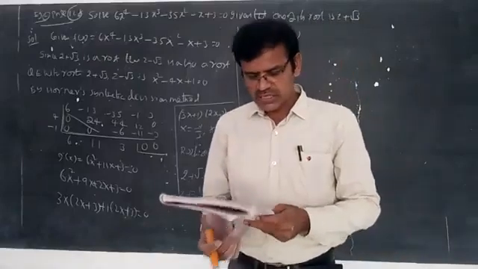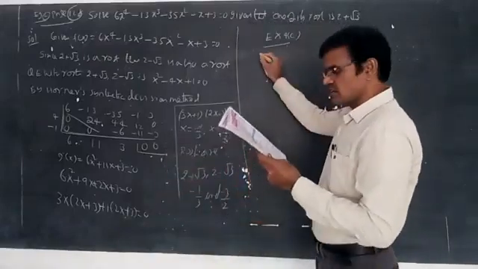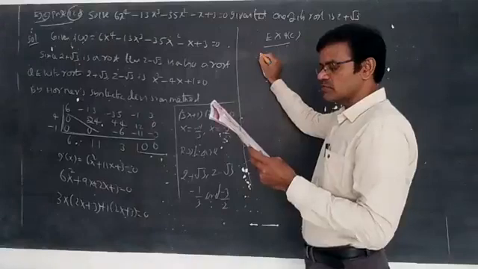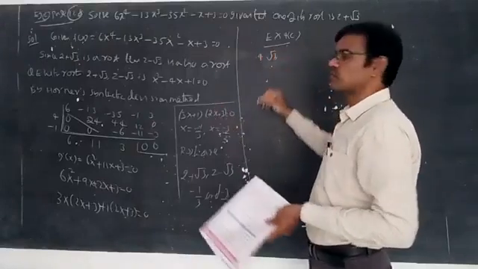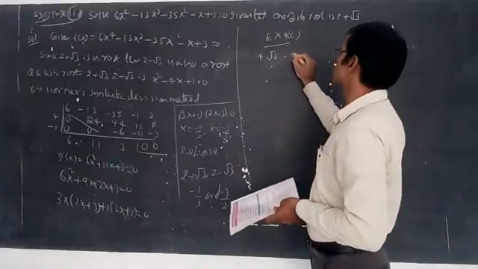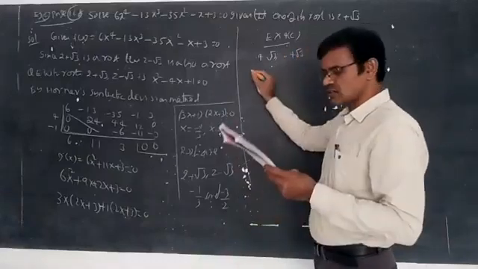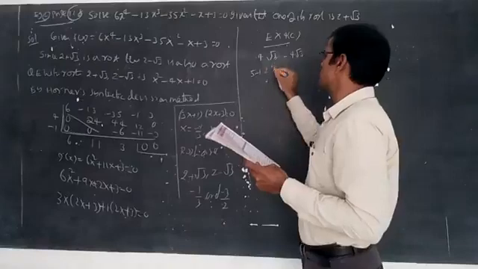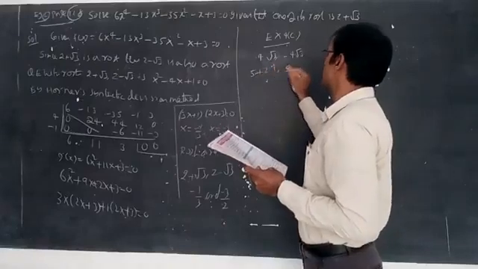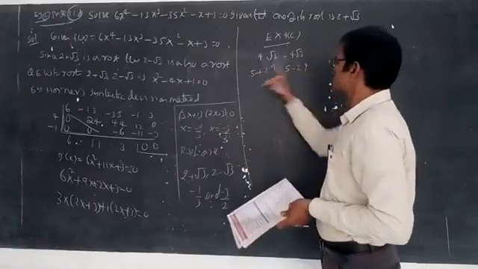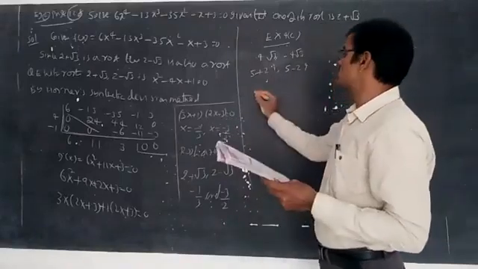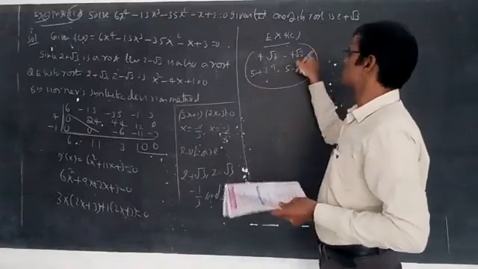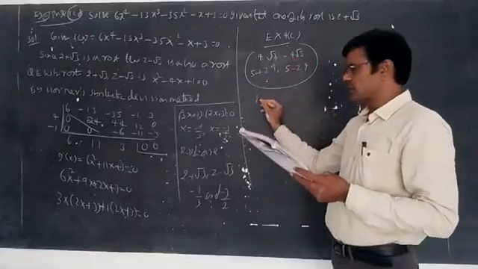In the first Roman numeral, the second one, it is given: find the polynomial equation with rational coefficients whose roots are given. With 4 root 3 alone it is not possible. Whenever 4 root 3 is there, minus 4 root 3 is also a root, you consider. So you can get the biquadratic equation like this. You should consider whenever 5 plus 2i is there, then 5 minus 2i is a root. So prepare this quadratic and this quadratic, multiply later.